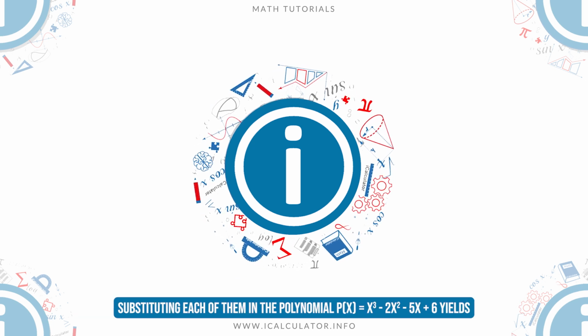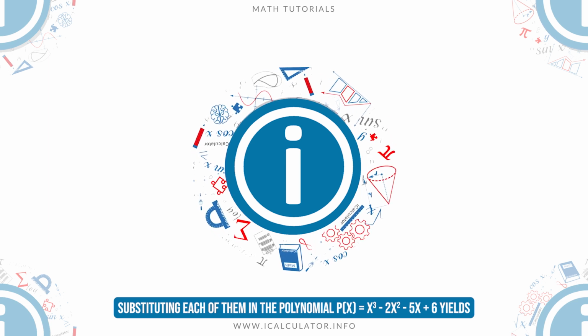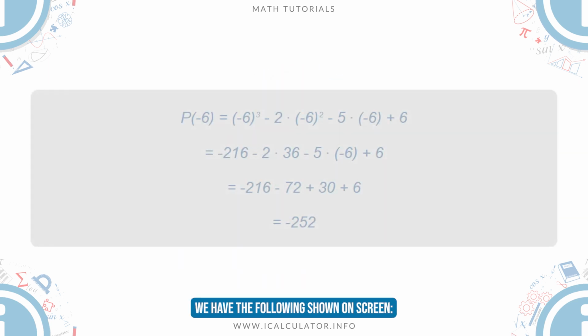Substituting each of them in the polynomial p(x) = x cubed minus 2x squared minus 5x plus 6 yields the following shown on screen.